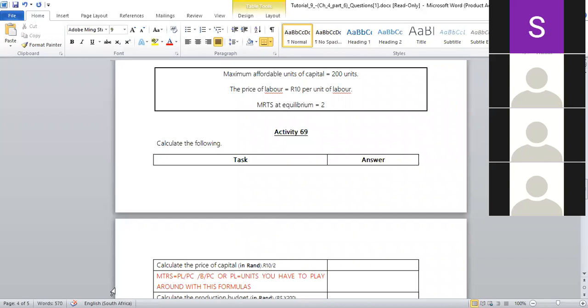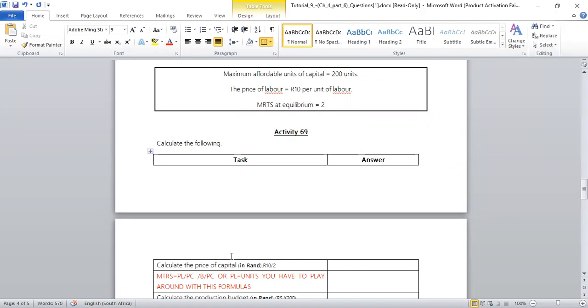If I say price of labor divided by the price of capital, I get my MTRS. The price of labor is 10 rand, so 10 divided by the slope gives me the price of capital as 5 rand.